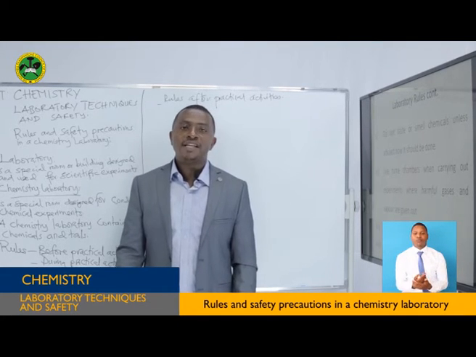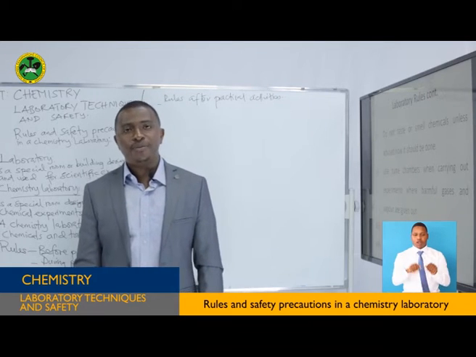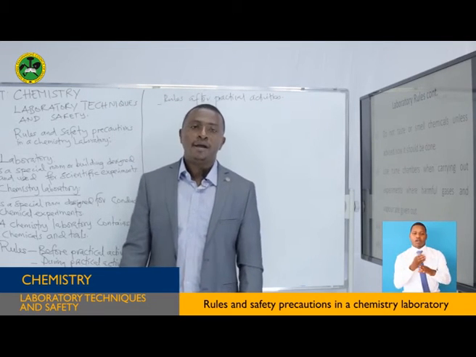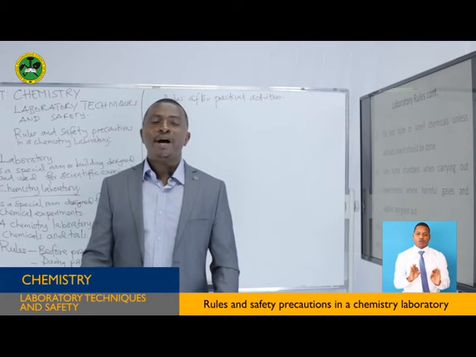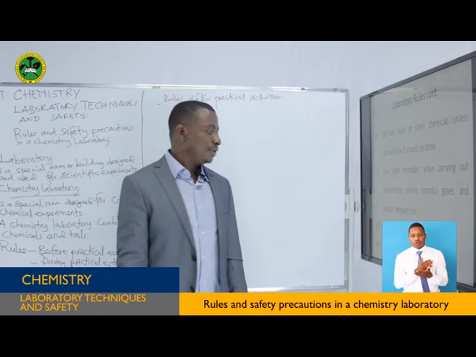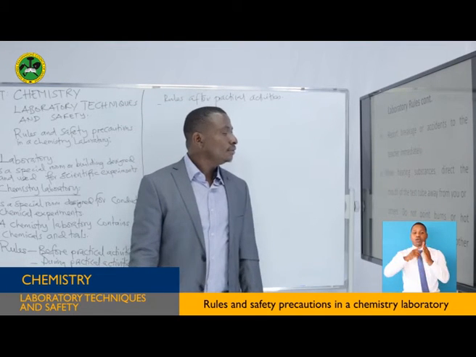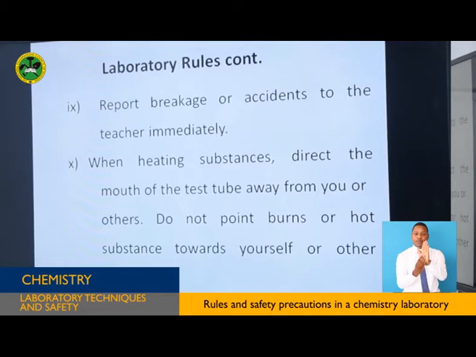So if there are spilled liquids on the floor, one is required to inform the laboratory technician so that proper apparatus or proper treatment is used to remove such spills. Rule number 9: report breakage or accidents to the teacher immediately.